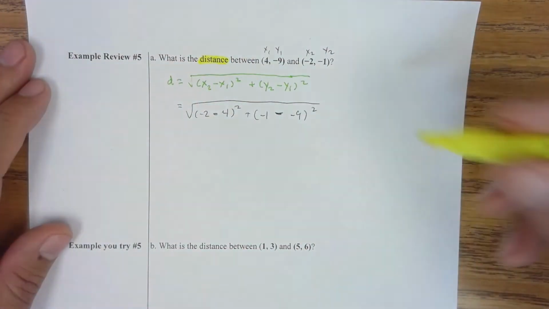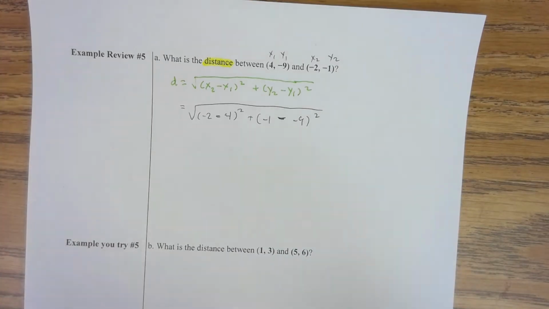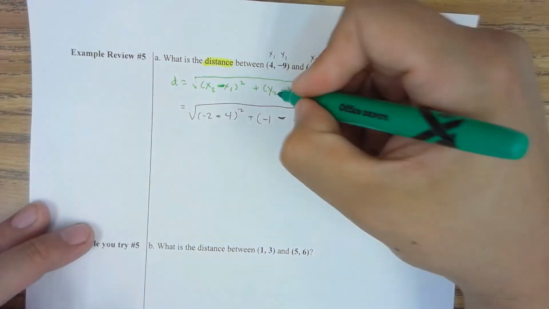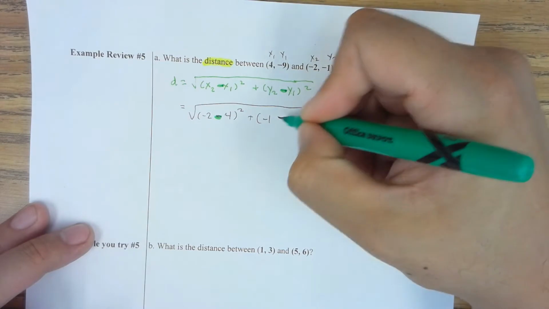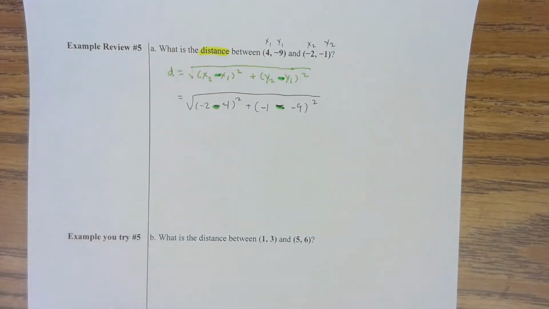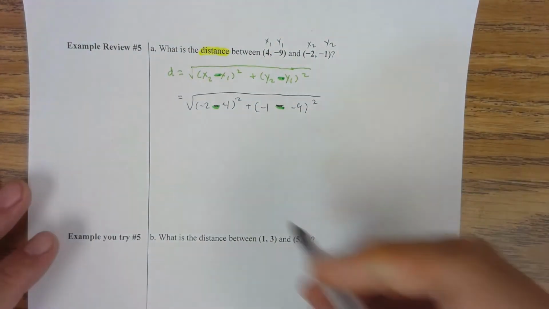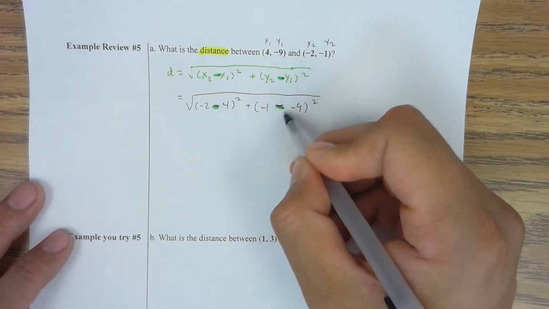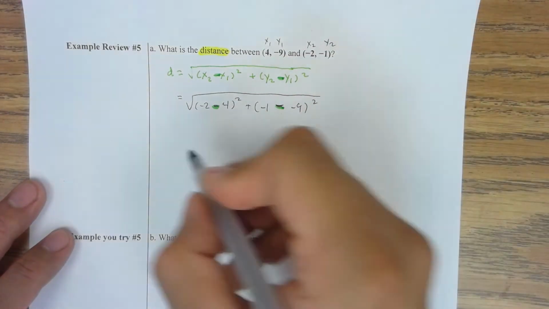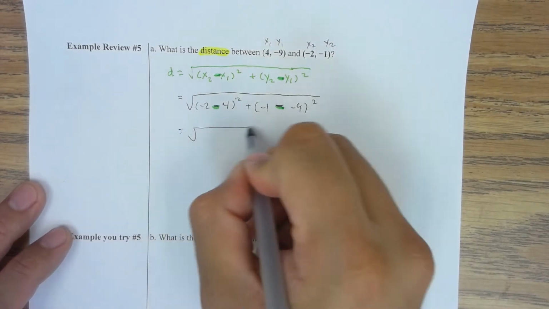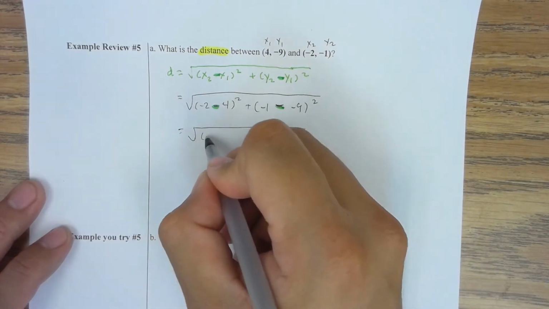So just be aware that right here is part of it. Alright, this right here tells you what happened here. For that part to become positive.